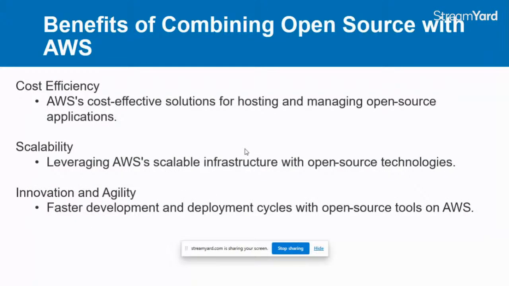It definitely gives us innovation and agility, because we can do faster development and deployment with open source tools on AWS. As we discussed in the beginning, the core principles of open source: rapid prototyping, CI/CD integration, microservices, serverless architecture.